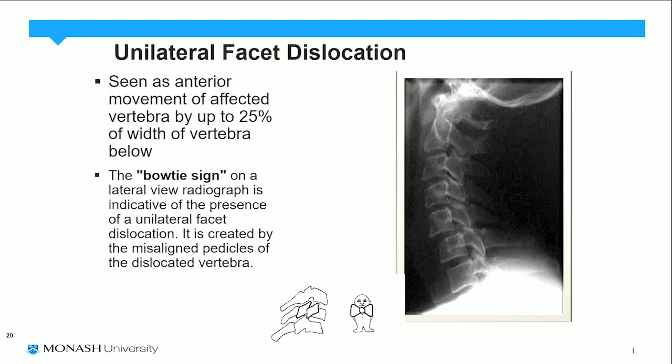Importantly, there is a bow tie sign on the lateral radiograph, which we can see between C5 and C6, and this shows the presence of a unilateral facet dislocation. It is created by the misaligned pedicles of the dislocated vertebra.